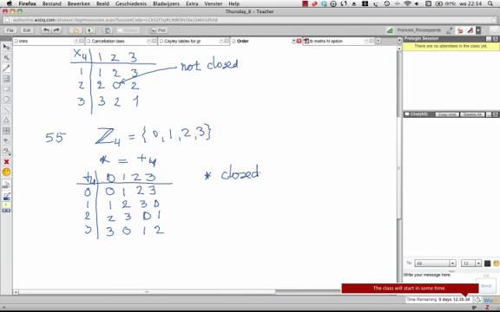So that is dealt with. Then the second axiom was the associative law.